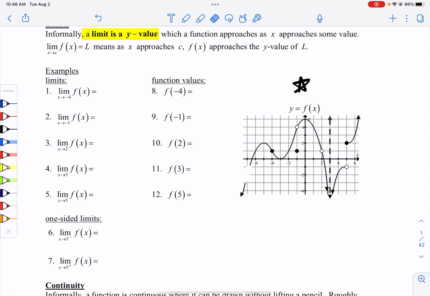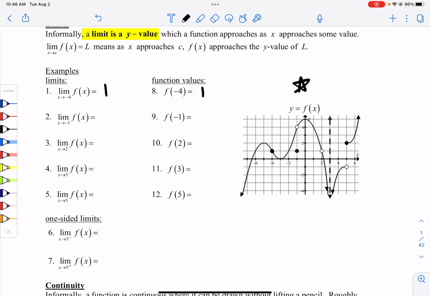Well, as I'm moving along my graph, as I'm approaching -4, my y value is getting close to, what is that, 1? My y value is approaching 1. So the limit as x approaches -4 of my function, f of x, is 1. Now, this one is interesting because f of -4 is actually 1. I'm approaching my value, right? And it's nice when that happens.